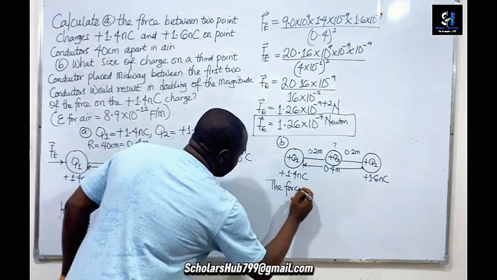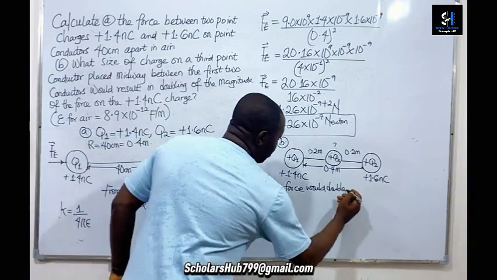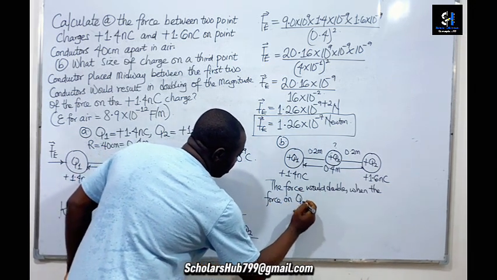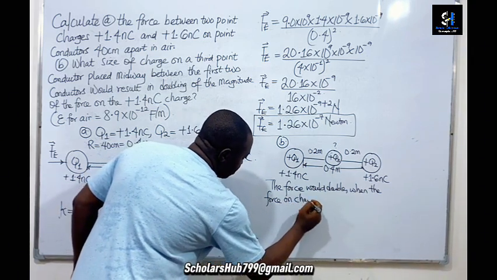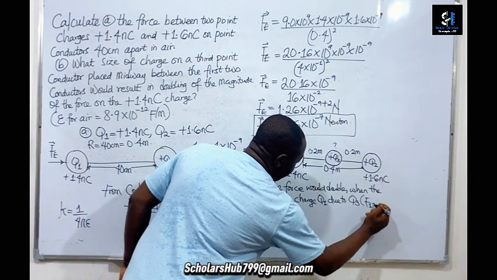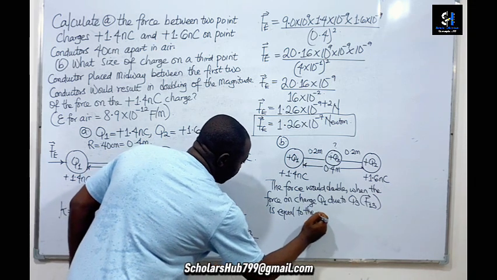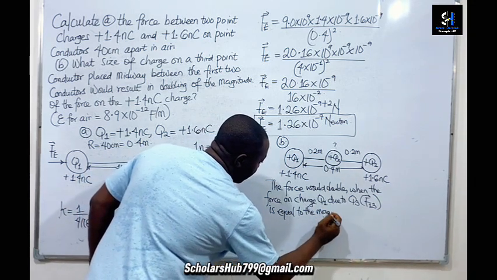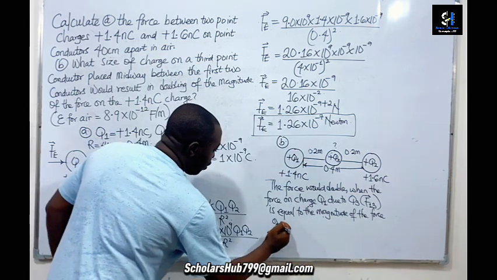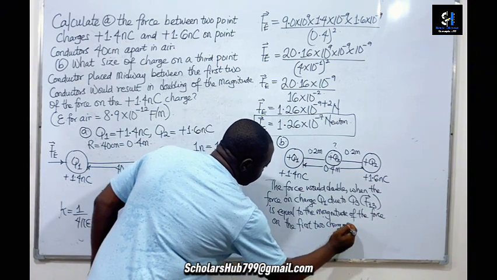The force will double when the force on charge Q1 due to Q3, that is F13, is equal to the magnitude of the force on the first two charges.